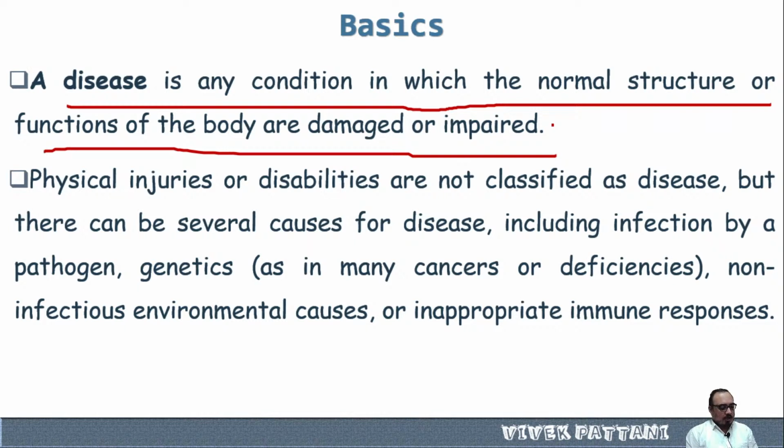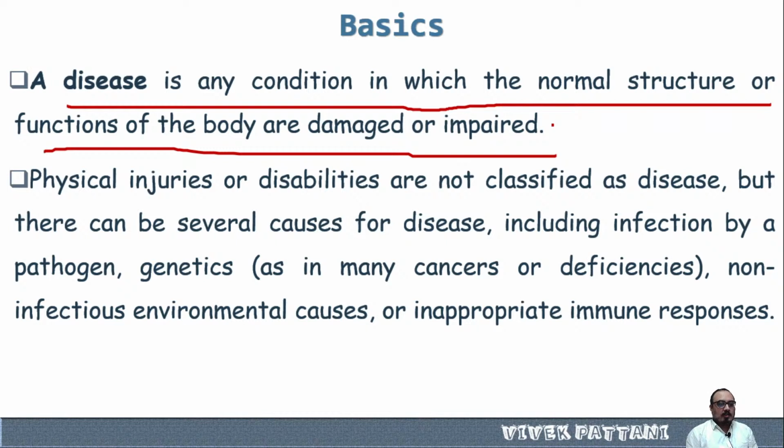sometimes it may be due to infection, sometimes you are hurt, and after you are hurt you may get an infection due to which a disease is caused. But practically, physical injuries and disabilities are not classified as disease. Please note this point also.